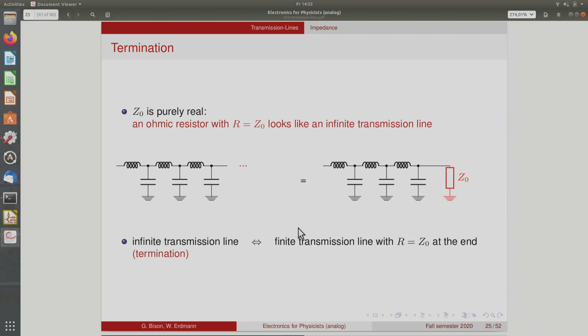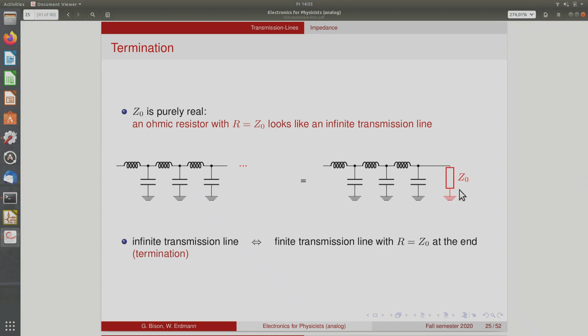This brings us to the next important point. If you forget everything else from this lecture, this is the one statement that you need to remember and understand: an ohmic resistor with the value of this characteristic impedance looks exactly like an infinite transmission line. If you have an infinitely long transmission line, you can terminate it at some point and replace the rest of it by a resistor.